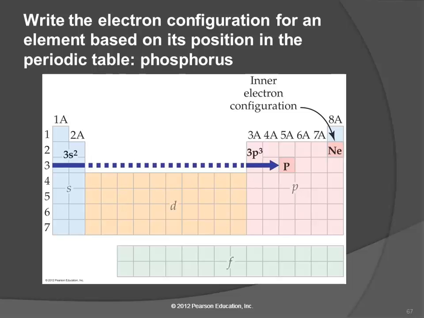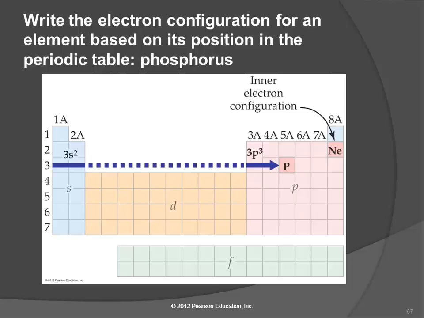So, having looked at these patterns in the periodic table, writing electron configurations becomes much easier. So if we say write the electron configuration for phosphorus, we can do this based on its position in the periodic table.